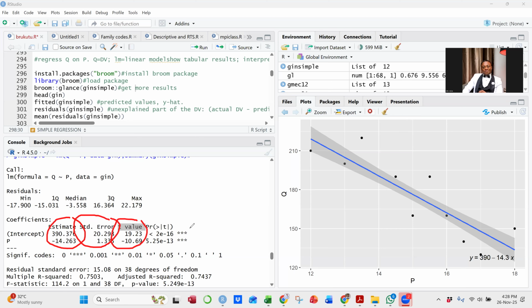The fact that there are 3 stars means that whatever is the estimate, that independent variable is statistically significant at 0.1%. Now, 2 stars means that it's statistically significant at 1%. 1 star means that it's statistically significant at 5%.